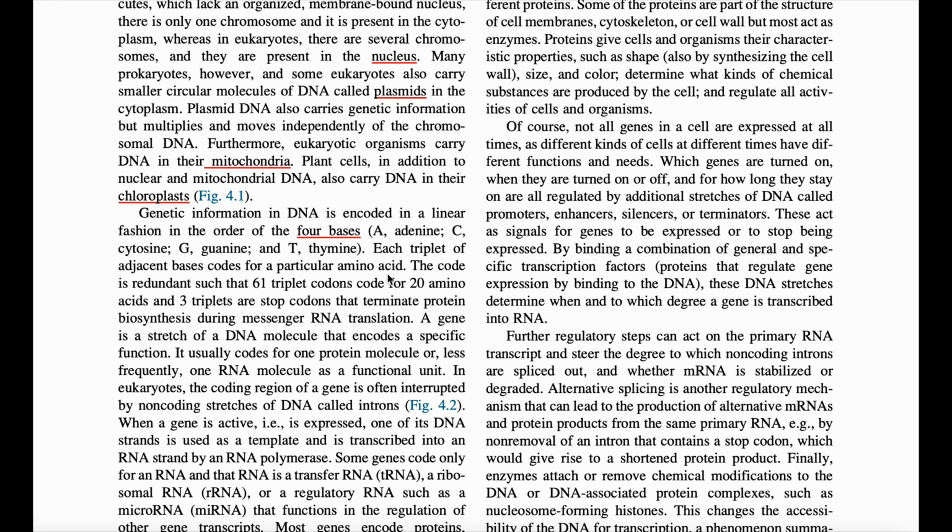Amino acid is part of protein. Okay, the code is redundant such that 61 triplet codons code for 20 amino acids, and 3 triplets are stop codons that terminate protein biosynthesis during messenger RNA translation.